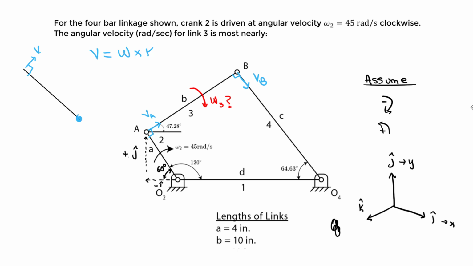So we start here and go to the right in the I and go up in the J. We go to the right in the I hat, so it's positive I, and we go up in the J, so it's positive J hat. For the I component, we take the length of B, the hypotenuse, which is 10 inches, times the cosine of 47.28, and the J component is positive as well, so we take the hypotenuse of 10 inches, sine of 47.28.